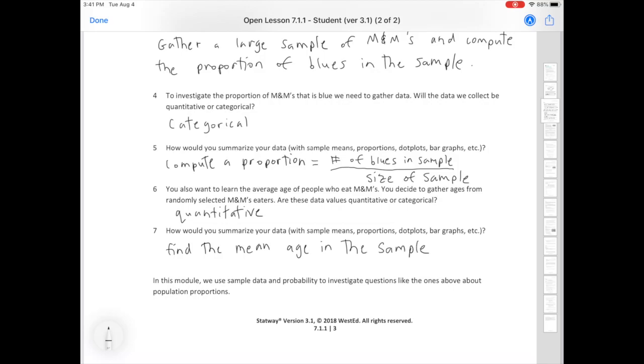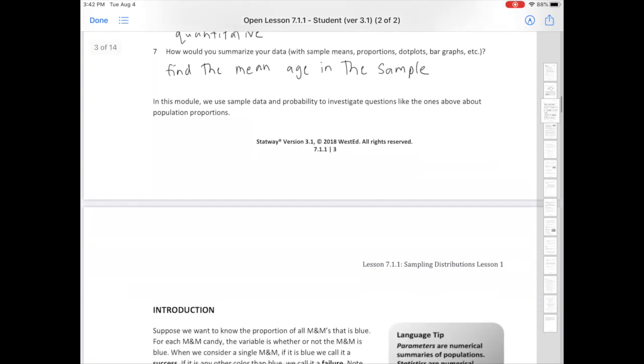So, in this module, we use sample data and probability to investigate questions like the ones above about population proportions. So, we're going to move on here.